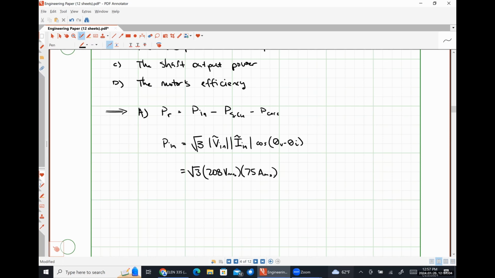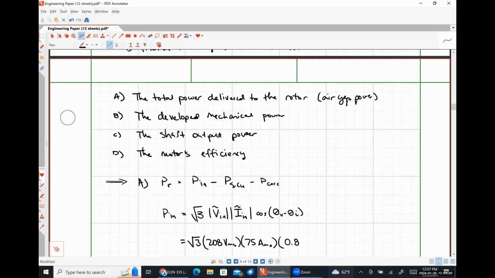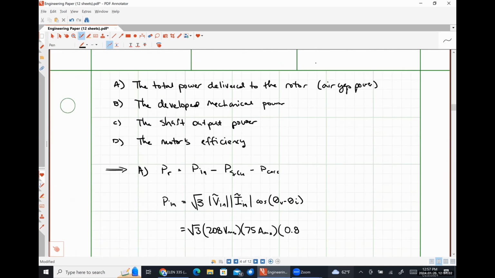So the inverse cosine of the power factor is theta v minus theta I. We want the cosine of theta v minus theta I. So that's the cosine of the inverse cosine of the power factor, which is just the power factor, right? So 0.85, let me make sure, yep, 0.85 lagging.